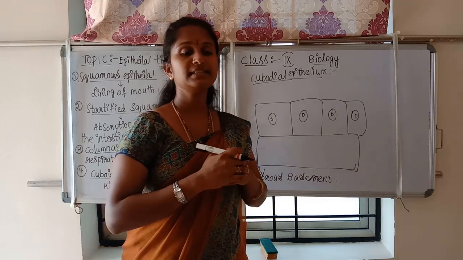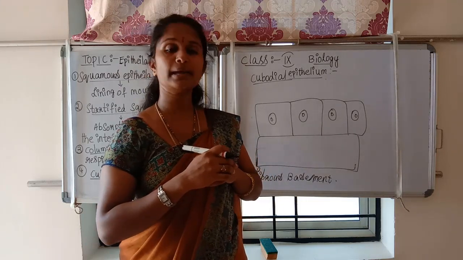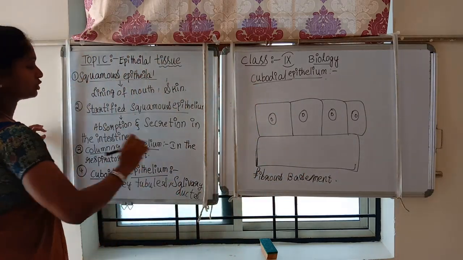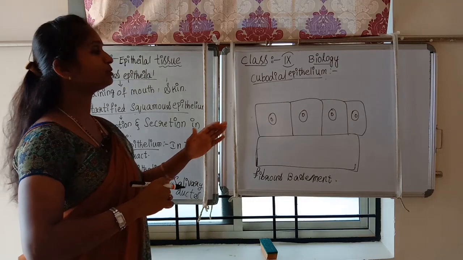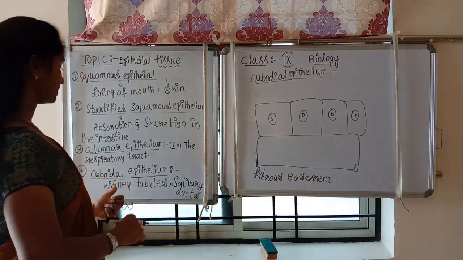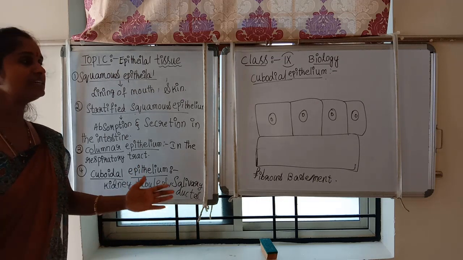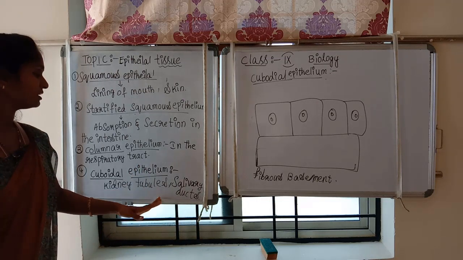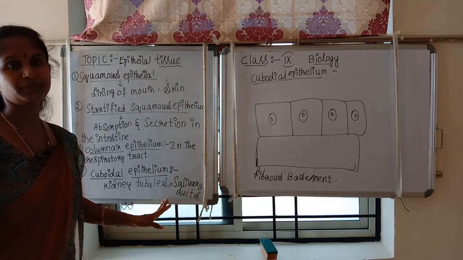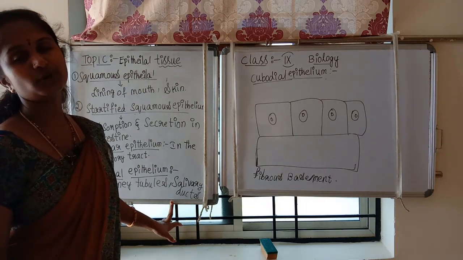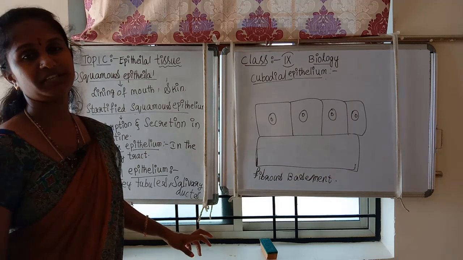This is called glandular epithelium. These cuboidal epithelium cells are present in the kidney tubules and the ducts of salivary glands. And one more thing was there, the glandular epithelium.